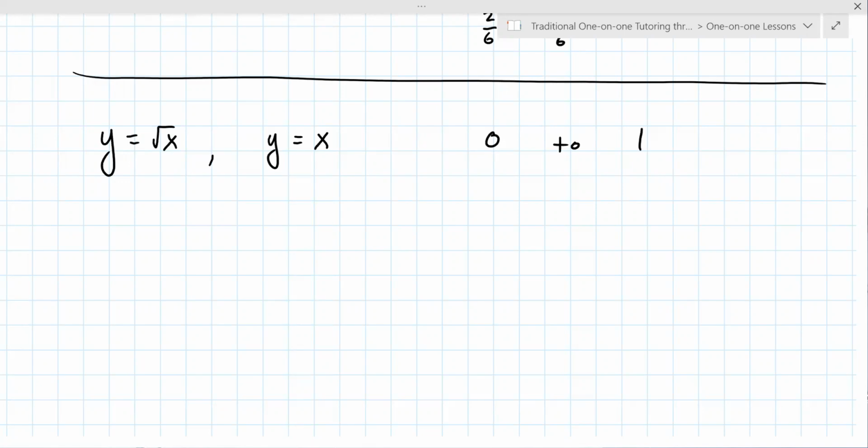Is the y equals square root of x on top? How are you doing on this one? Is it y square root of x on top? I'm sorry, say that again. Y square root of x is on top. Yes, so the square root actually gets taller before x does.